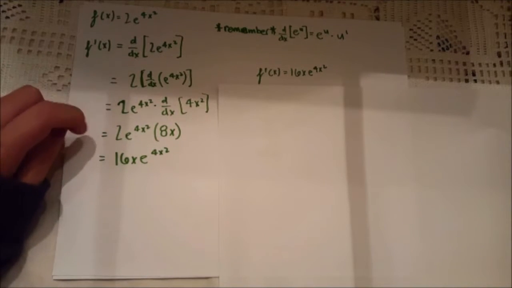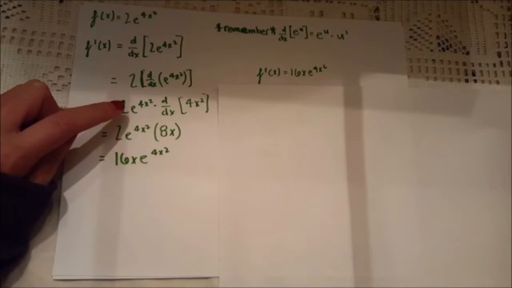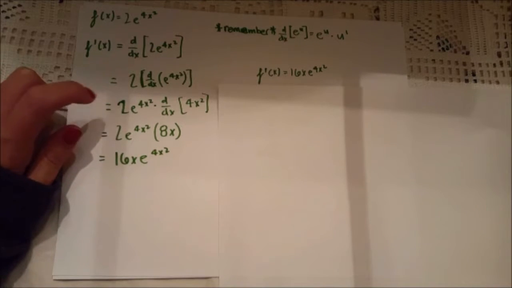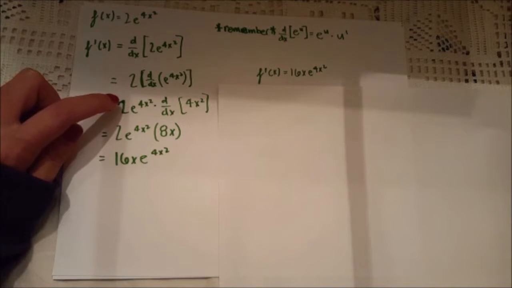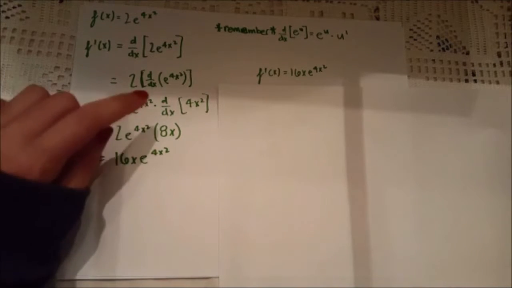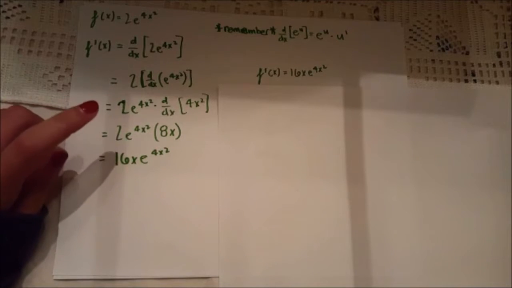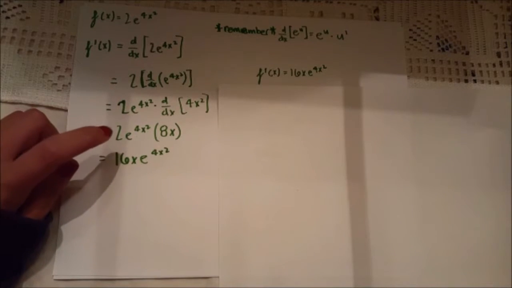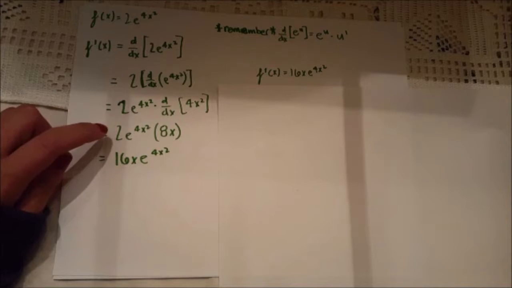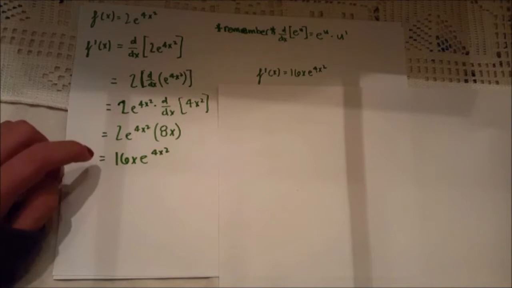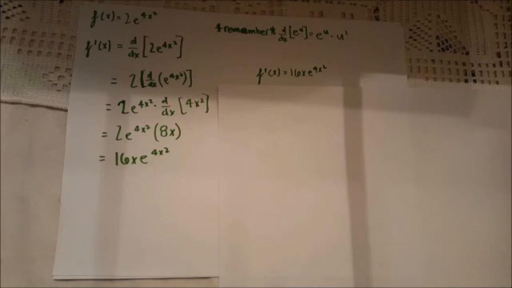So we would keep e to the 4x squared, multiply by the 2 that we already have, and then take the derivative of 4x squared, which is 8x, and get 16x e to the 4x squared.